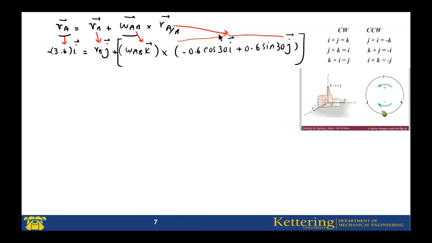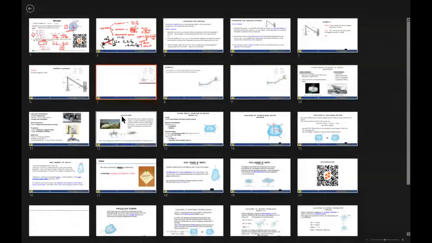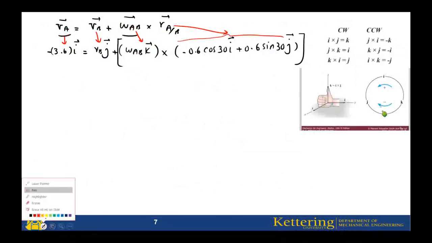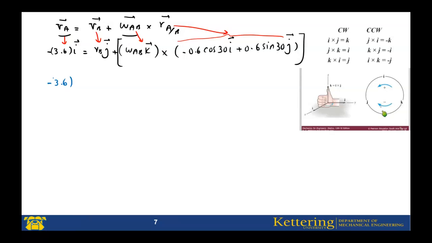Now we need to multiply the terms inside the brackets, then equate i components and j components, and that's it. Let's do it. Now I will write the i components with the blue color and j components with the red one.